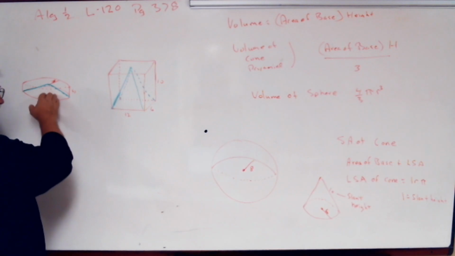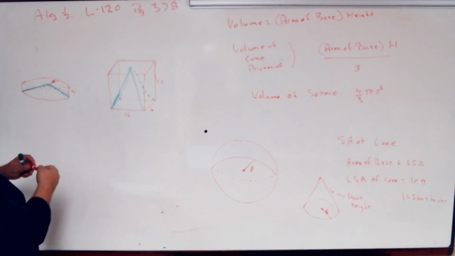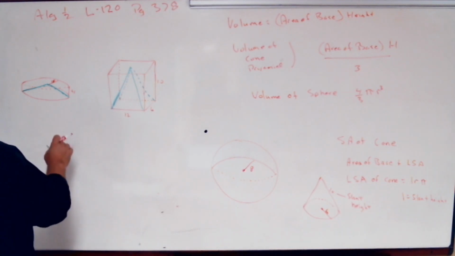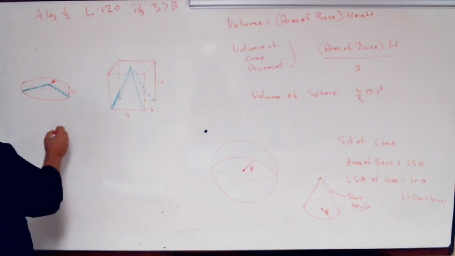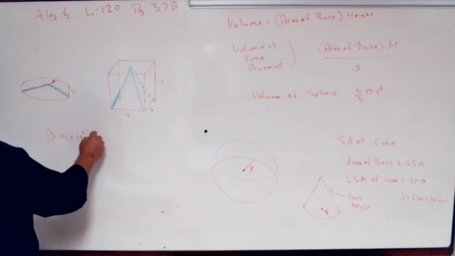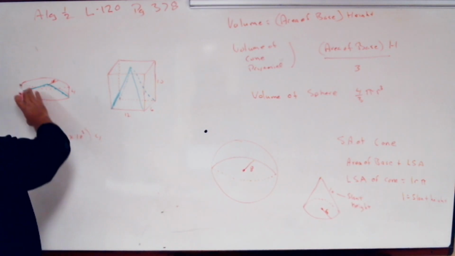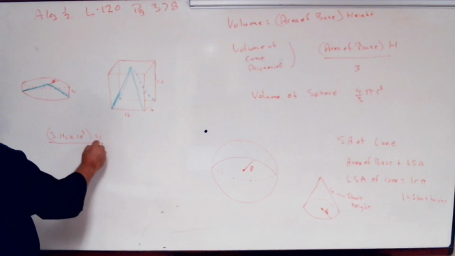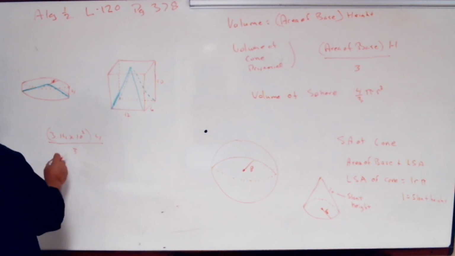That's the whole thing, and divided by 3, that's just the cone. Okay, so for this one here, we'd find the area of the cylinder that it is. It's pi times radius squared, 3.14 times 10 squared times 4. That's the cylinder, the whole thing. The cone just divided by 3.